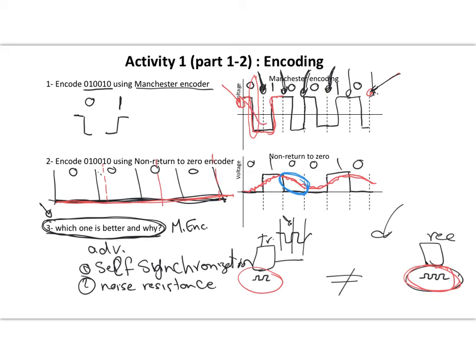So even if the noise added causes certain noise to the signal, the Manchester encoding is still more resistant to this noise, better than the non-return to zero. That's the advantage of Manchester over the non-return to zero.